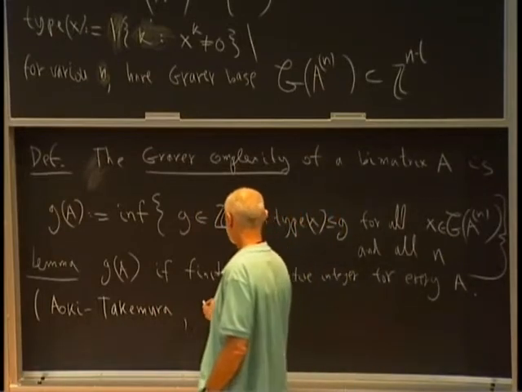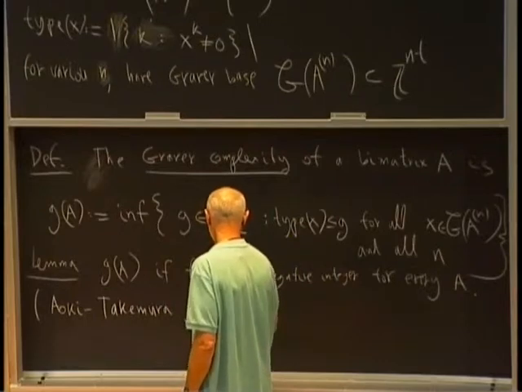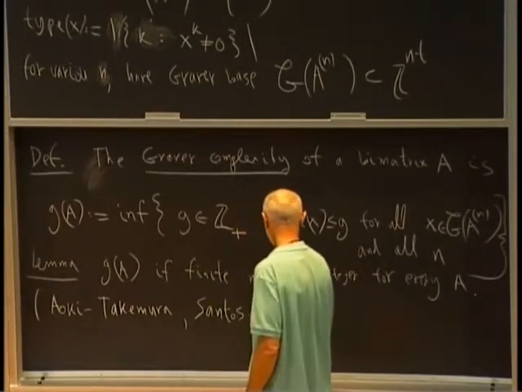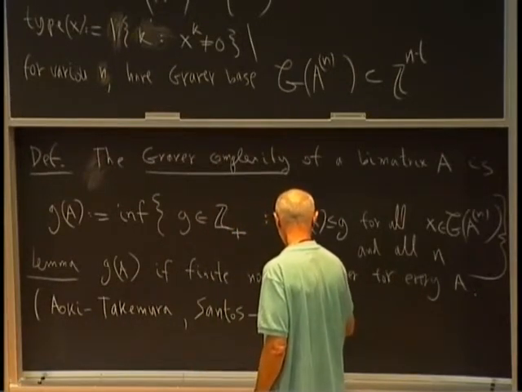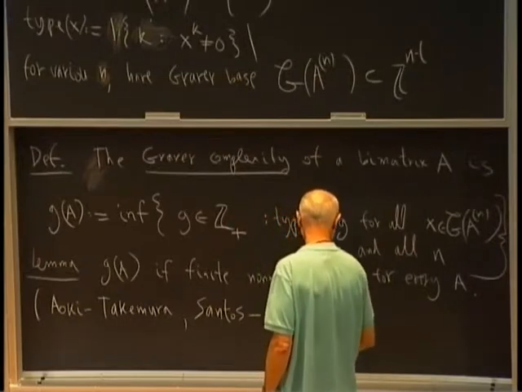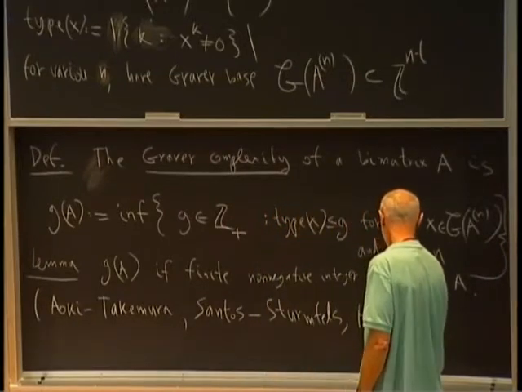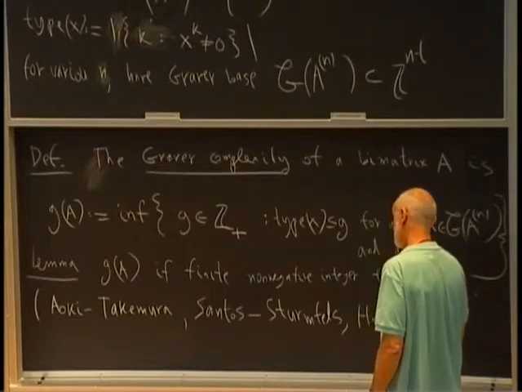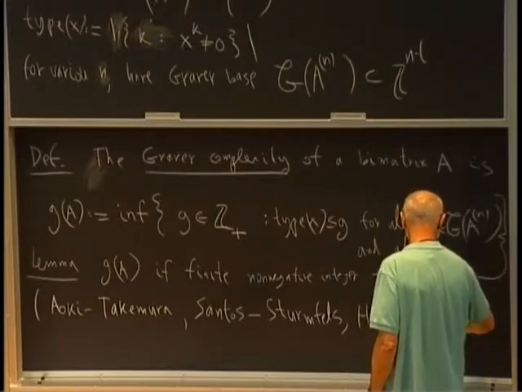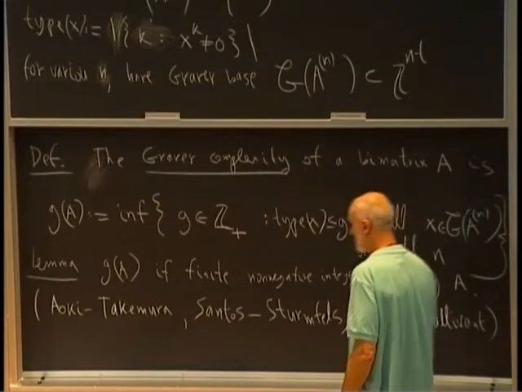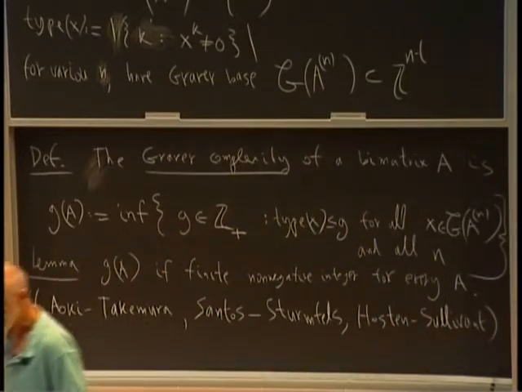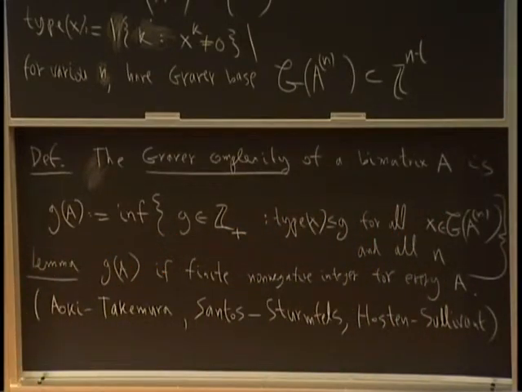Then this was generalized by Santos and Sturmfels, and later on by Hosten and Sullivan. The whole development took about 5 or 6 years. So there's a finite non-negative integer.